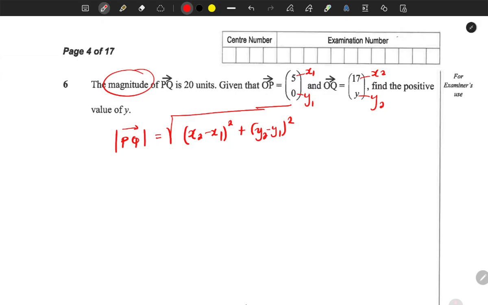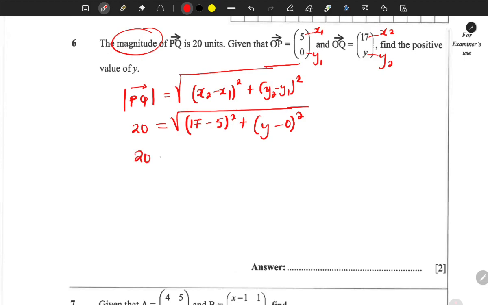So here the magnitude is 20, so we put 20 equal to the square root. x2 we said is 17 minus 5, we square. y2 minus y1 is just y minus 0, we square. So basically we get 20 is equal to the square root of 12 squared plus y squared.